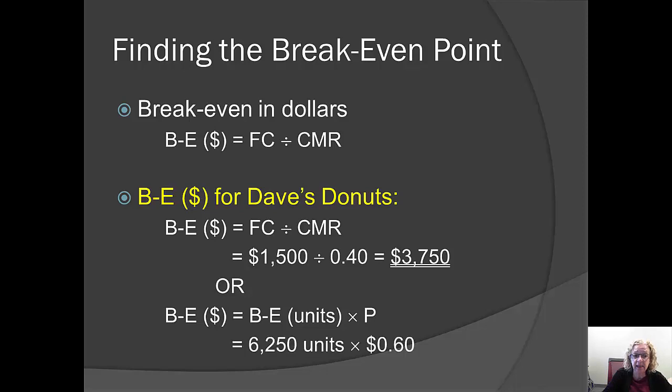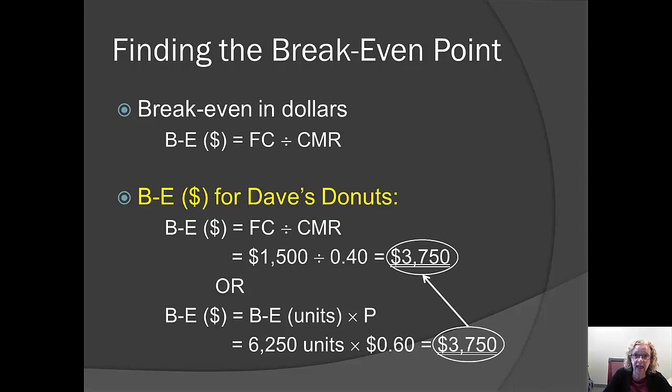In this particular case, Dave's break even was 6,250 units, and the units sold for 60 cents each. If we multiply that out, that gives us the same answer, $3,750.